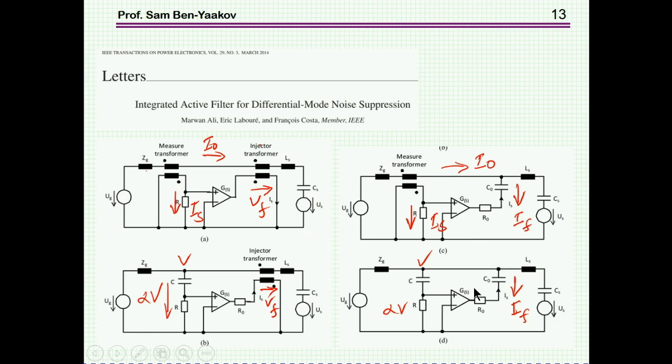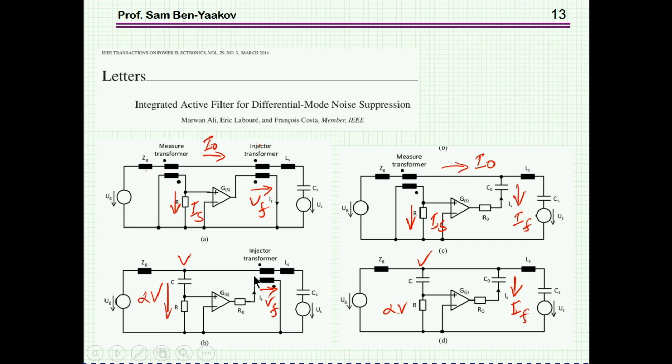It's a shunt connection. However, you can have a series connection, and in this case, let's look at this configuration. We have the voltage sensed here, generating an error signal, which is now fed to a voltage transformer. So we have a primary and a secondary, which is now developing a voltage opposing this source. Now this is the equivalent circuit of the noise, and this is the AC side.